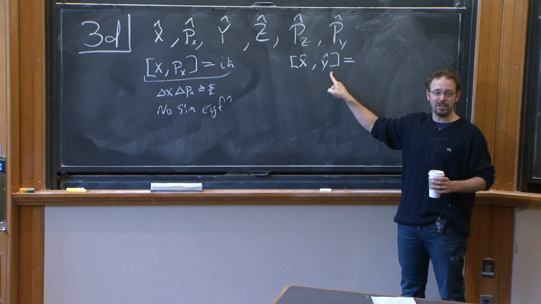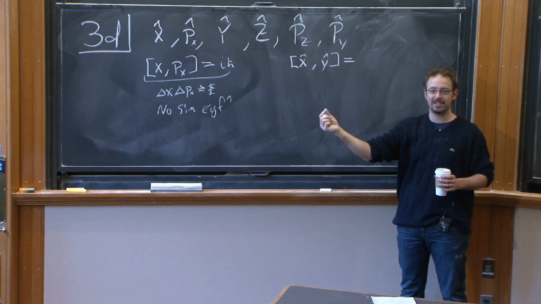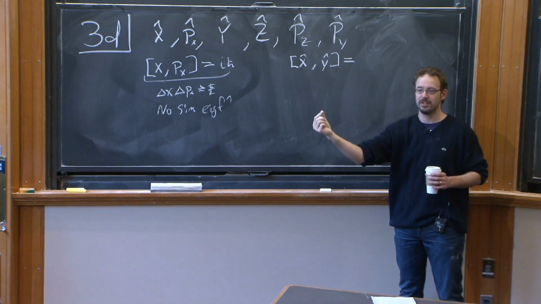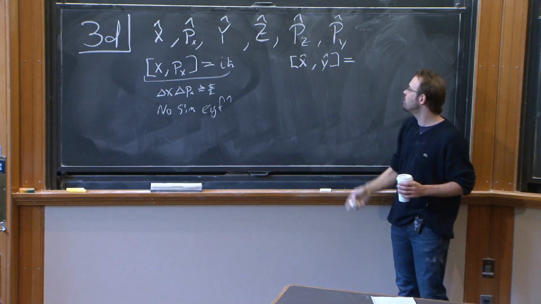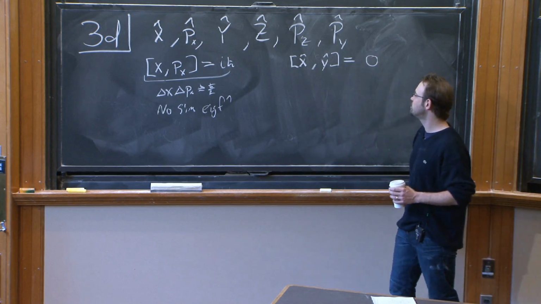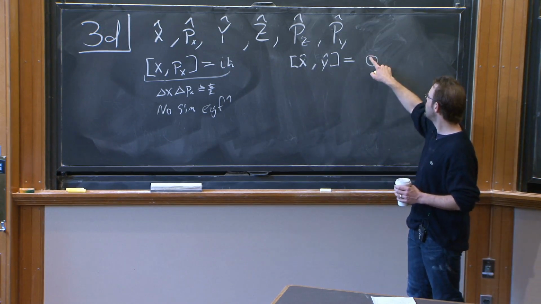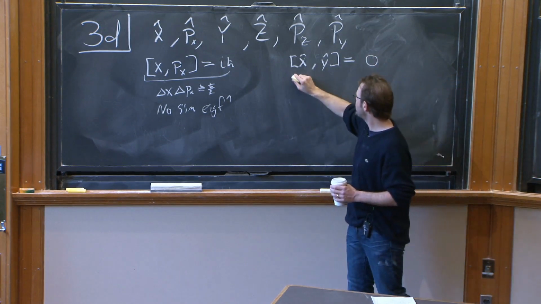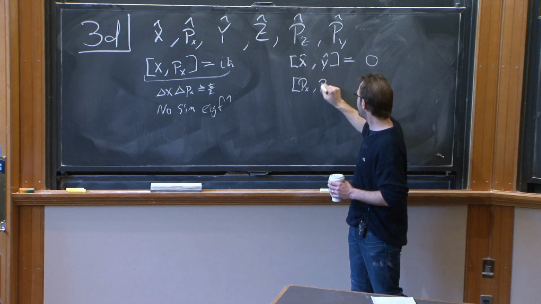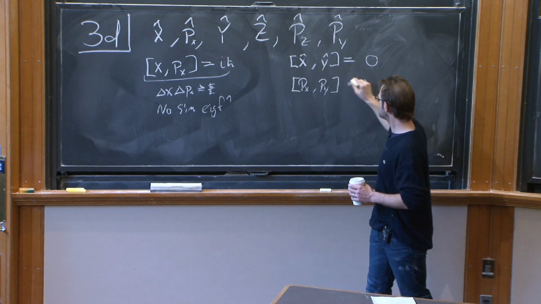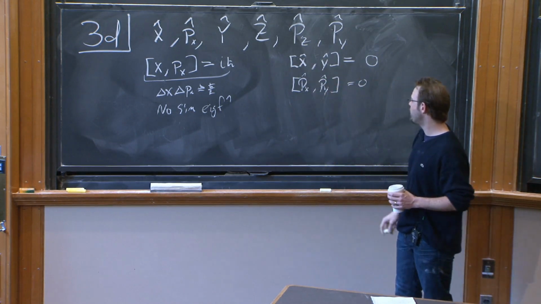Do you expect to be able to know the position in x and the position in y simultaneously? Sure. So this turns out to be 0. And in some sense, you can take that as a definition of quantum mechanics. x and y commute. And similarly, px and py commute. The momenta are independent.